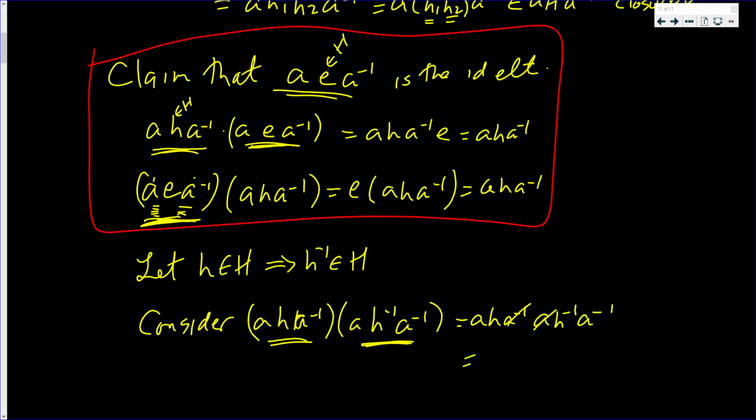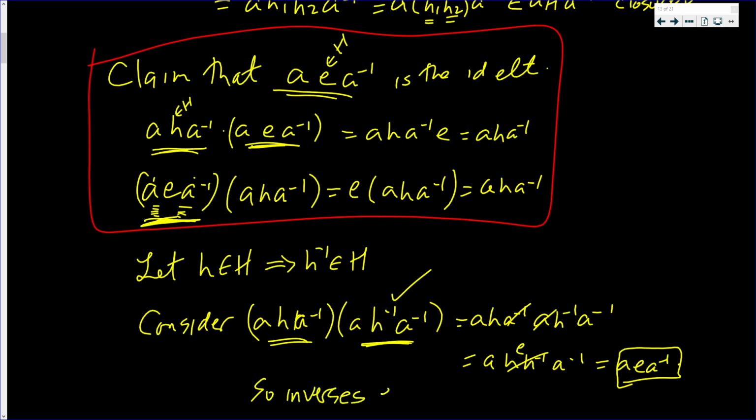That cancels out the e, so we have a h h inverse a inverse. This cancels out to e, so we get a e a inverse, and that is the identity element in aHa inverse. So yeah, we do have inverses. Inverses exist in aHa inverse.